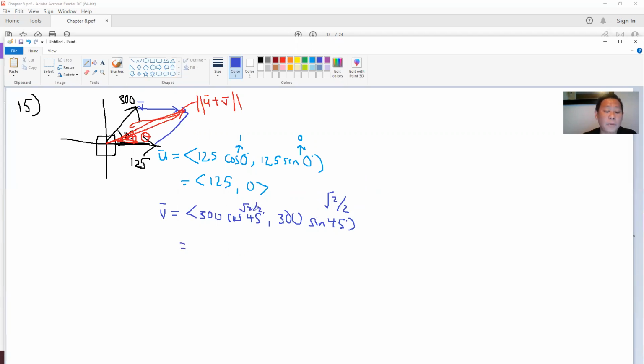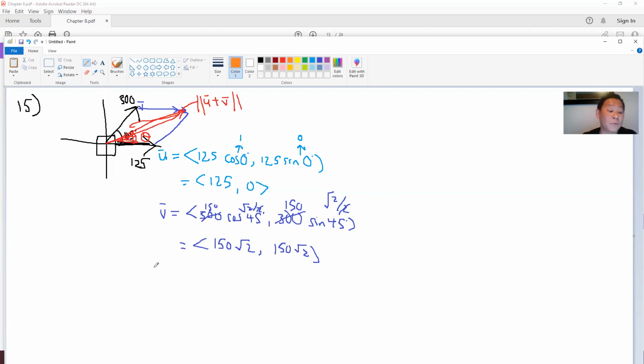So when you multiply 300 by √2/2, you simplify this to become 150√2, because 2 and 300 reduce to 150. Same thing over here, that will become 150√2. Okay, so this is for vector v, and that's for vector u.